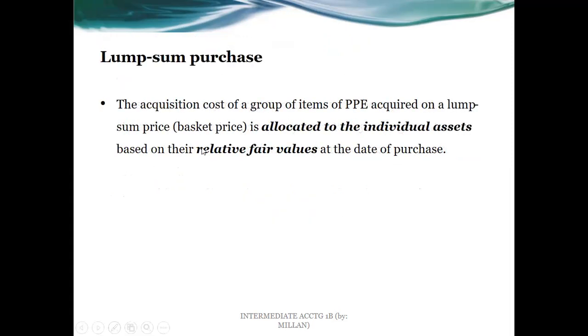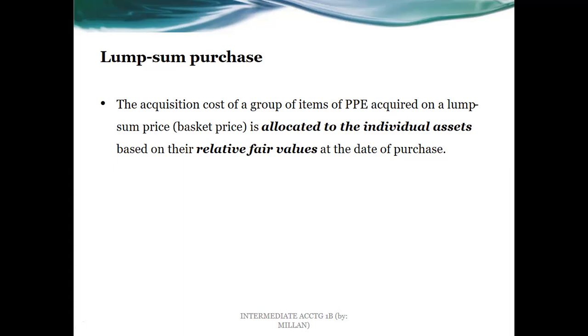Next, what if we are going to acquire PPE items in a lump sum, meaning we are to account for two or more items of PPE acquired, and the payment is in one form, which is called the lump sum price or the basket price?